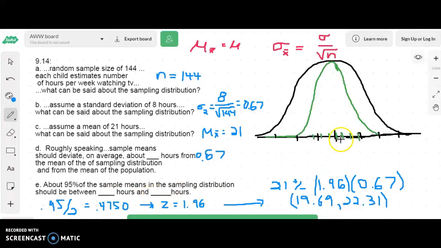What interval can we expect to contain 95% of all of the means generated by the different samples of size 144? We're going to take this from a few chapters ago, and instead of taking the mean and adding and subtracting the z-score times the original standard deviation, we're going to take the mean and add or subtract the z-score times the new standard error. The question is then, where do we get the z-score of 1.96?